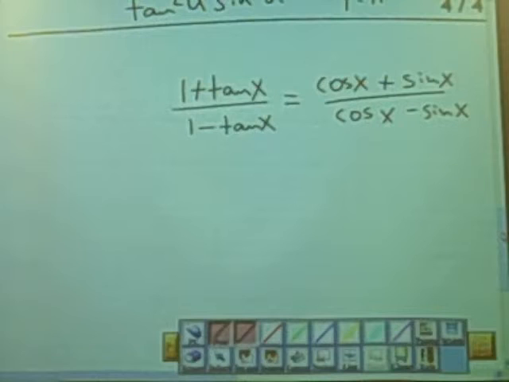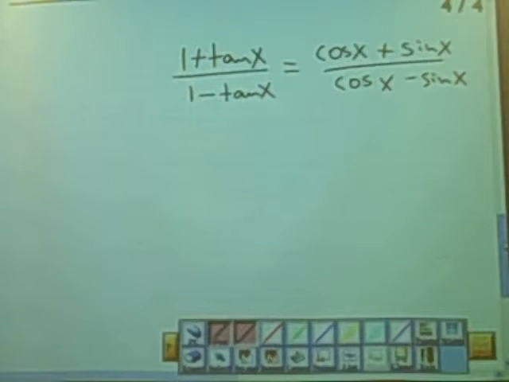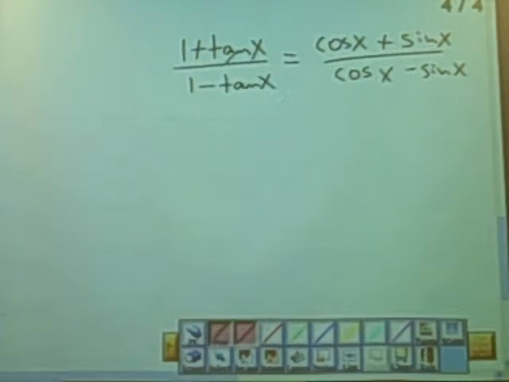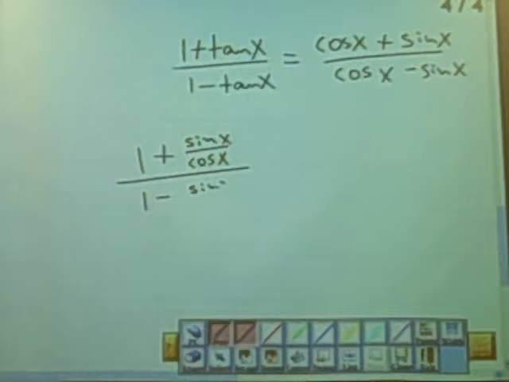Well, what we can do here is change tangent in terms of sine and cosine. So we've got 1 plus tangent, which is sine x over cosine x, and then 1 minus sine x over cosine x.